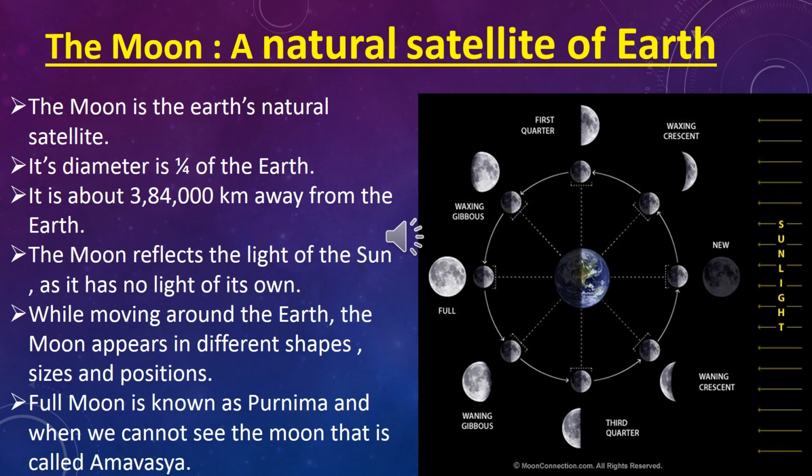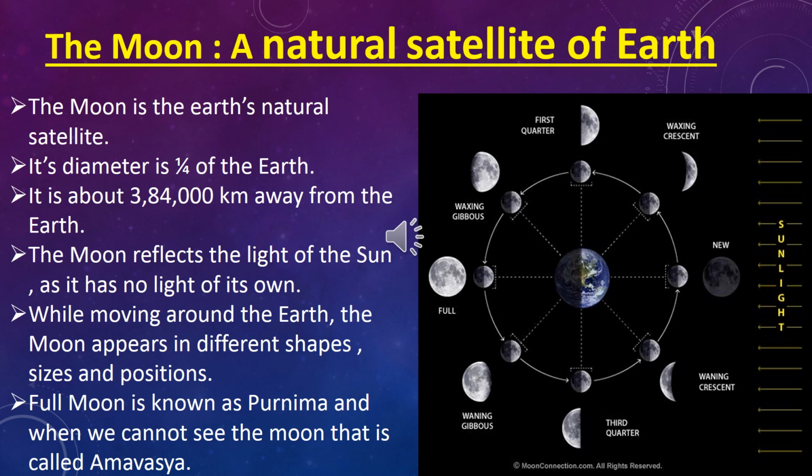While moving around the Earth, the Moon appears in different shapes, sizes and positions. Full moon is known as Purnima, and when we cannot see the moon, it is called Amavasya. For example, we have Diwali on Amavasya.